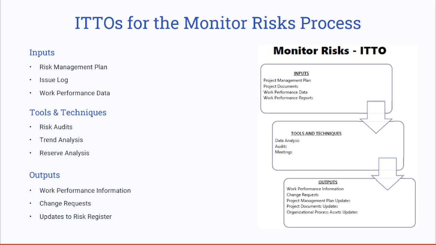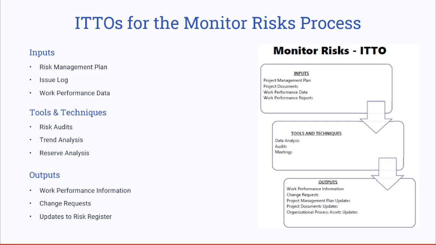The key ITTOs involved in this process when monitoring the risks. PMI monitor risks relies on key inputs such as the risk management plan and the work performance data, and some of these, let's say, issue logs. Common tools here are trend analysis and risk audits. Some of them use reserve analysis to help you evaluate the ongoing risks.